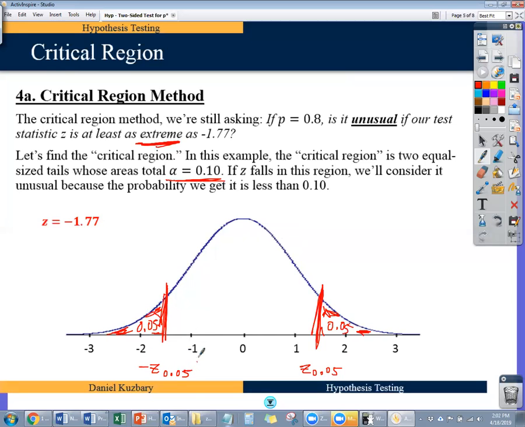And we can find this number using inverse norm. So Z.05 is equal to inverse norm. You can find either one, really. You can find the negative one or the positive one. So for the area to the left, for the negative one, put 0.05. Area to the left for the positive one, you can put 0.95. So you do that in your calculator.